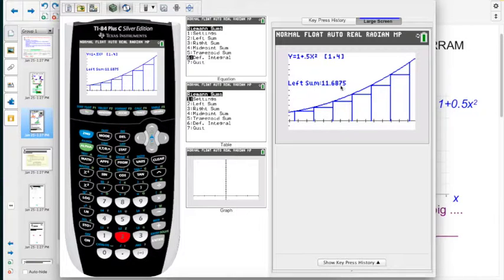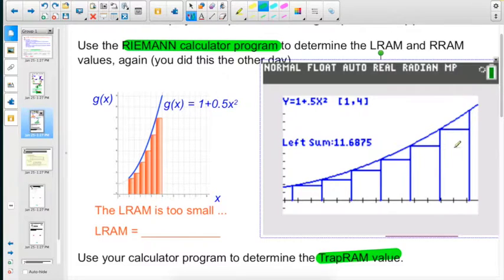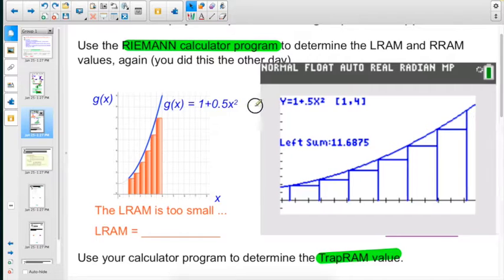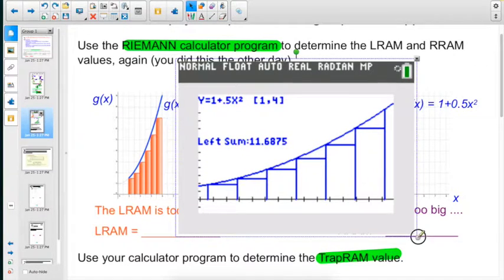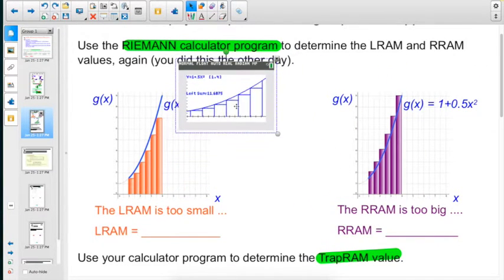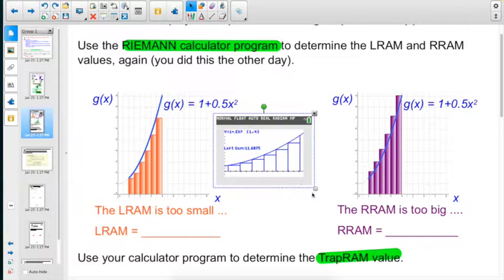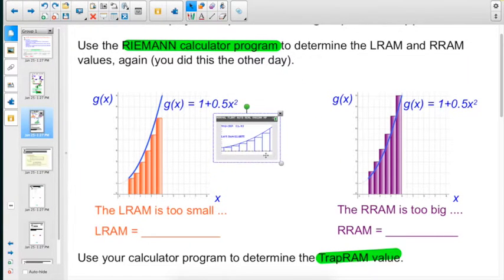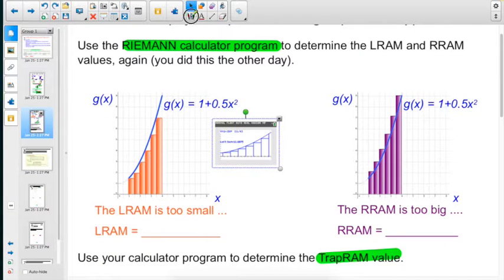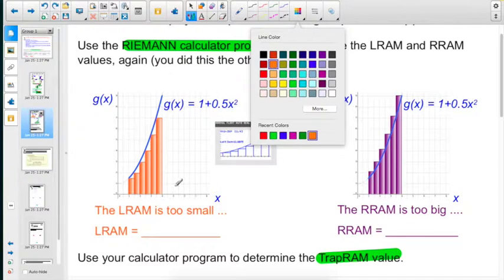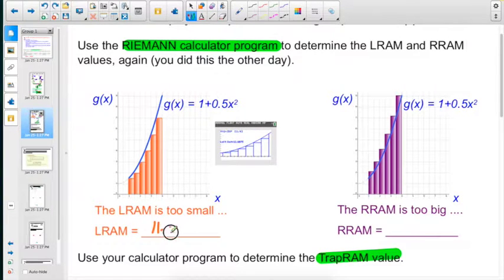So our left sum is 11.6875. Let's go ahead and do a right RAM.